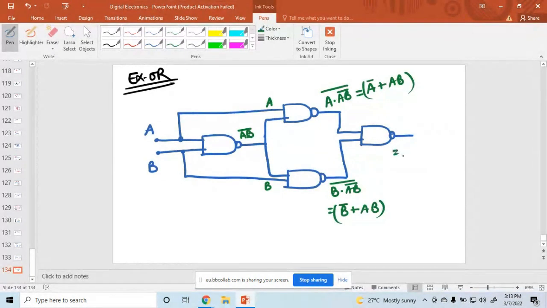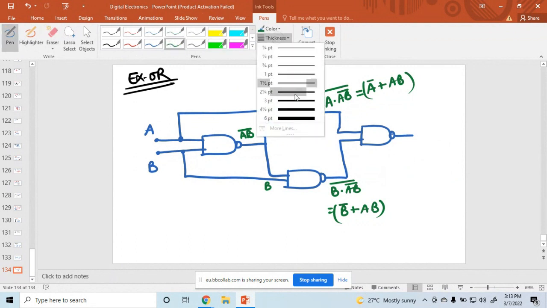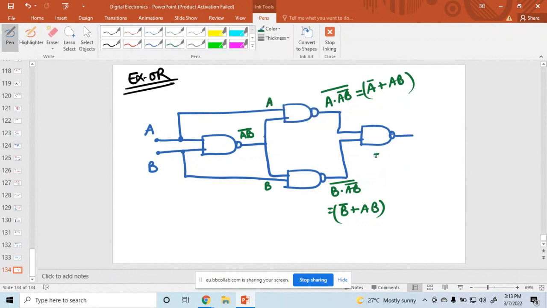Now the final output is A bar plus AB into B bar plus AB, whole bar. You can write it like this.